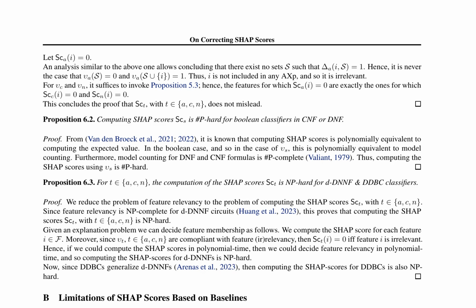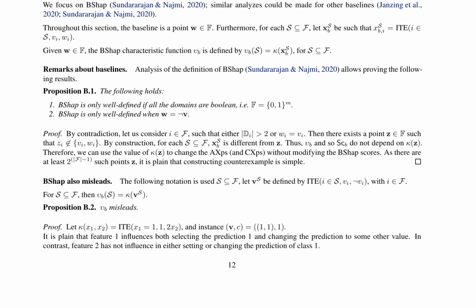Computing SHAP scores is hard for Boolean classifiers in CNF or DNF, as shown in Proposition 6.2. Moreover, computing SHAP scores SCT, t element of {A, C, N}, is hard for d-DNNF and d-DBC classifiers, as proven in Proposition 6.3. The limitations of SHAP scores based on baselines are also discussed.